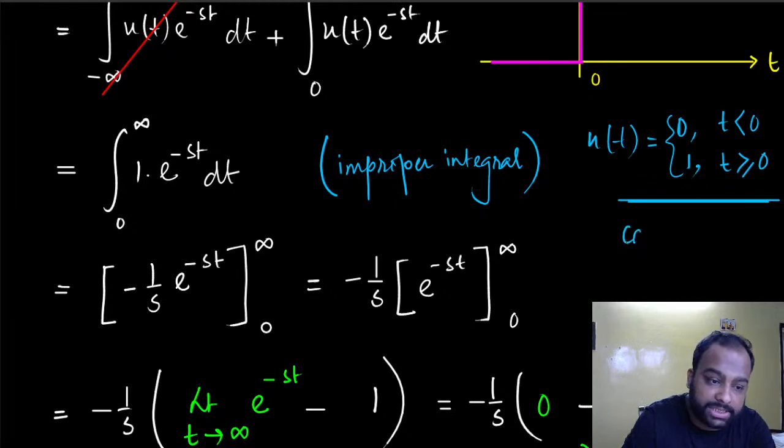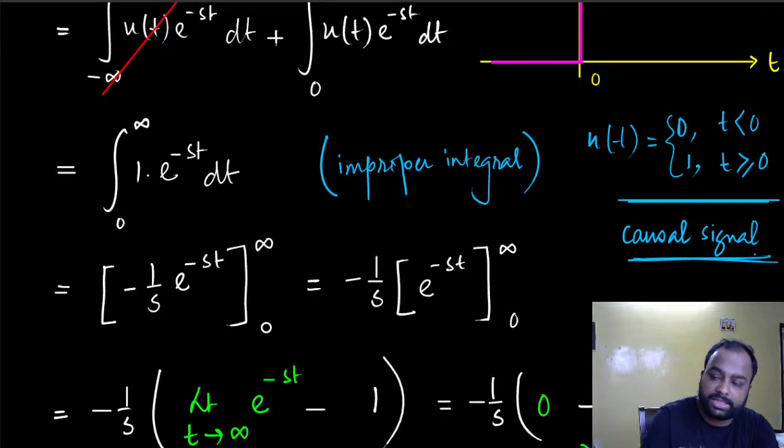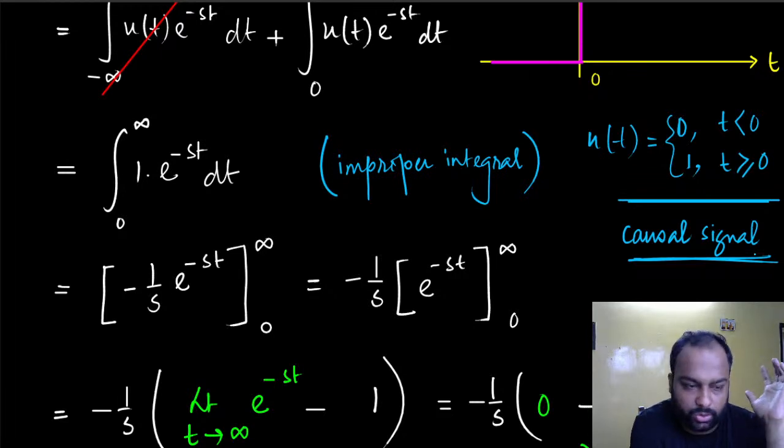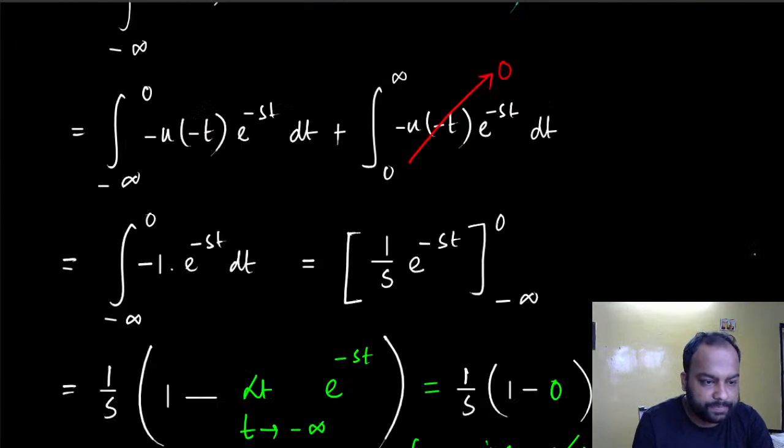So this is a causal signal. What are causal signals? Causal signals are those signals for which the value of the signal is 0 when t is less than 0.